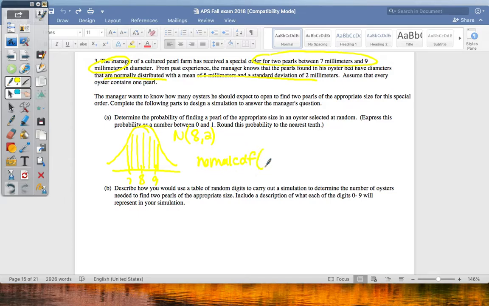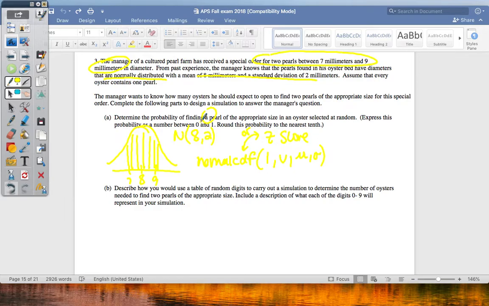Make sure you state the lower, comma, upper, comma, mean, comma, standard deviation, or you can do z-score. Either one of those two would work, but make sure you express it there. B says determine how you would use, and it only says 1 pearl. If it said 2 pearls, then you would multiply that by itself. It'd be this and this, but it's only 1.